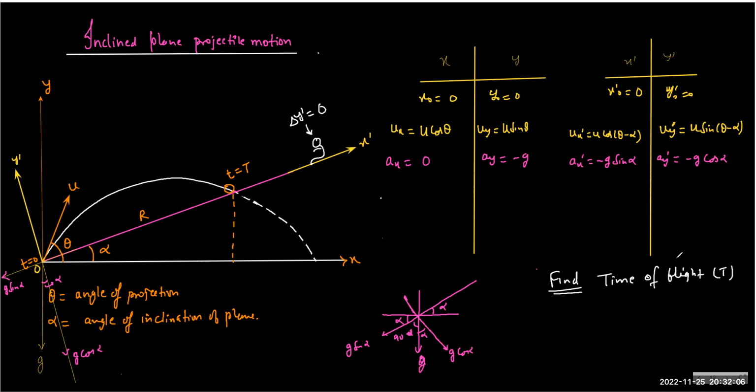So is it 2u sin theta minus alpha by g cos alpha? Correct. 2u sin theta minus alpha by g cos alpha. You derived or you remember this answer? You derived it. Excellent. Very good.